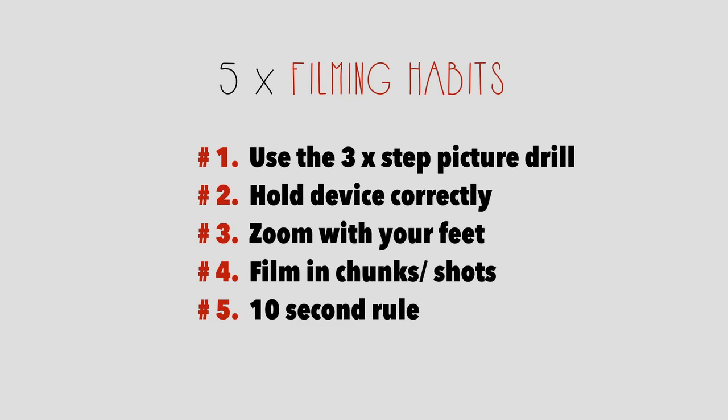The third tip is zoom with your feet. Now, if you're trying to get a shot, you can pinch to get that zoom, but what happens is you're using digital zoom then, and it will pixelate and the quality will go. So if I wanted to shoot something far over there in the corner of the room and get closer in to frame my shot, rather than zoom in, just walk over and position yourself.